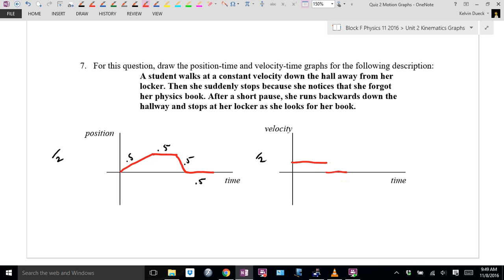How would I show runs compared to walks? Further down. So I'm going to look for a horizontal line, and it has to be further down than your first line was up. And then she stops looking for the book. Hey, I drew 4 line segments there too. How about half mark, half mark, half mark, half mark?